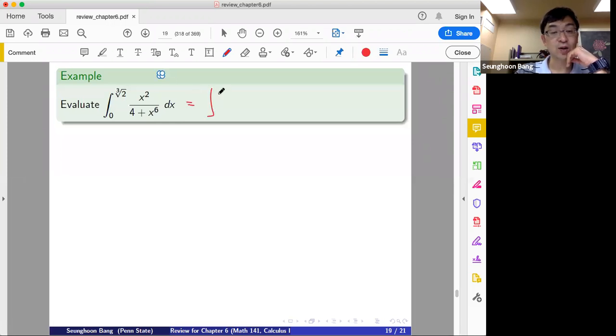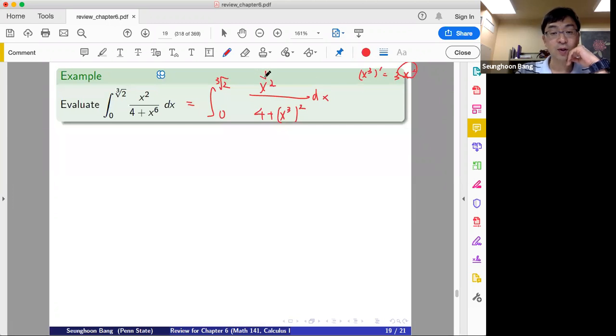Integral from 0 to cube root of 2 of x squared over 4 plus x cubed squared. You can think about the relation between the inner function x cubed and the numerator x squared. The derivative of the inner function x cubed is 3x squared.